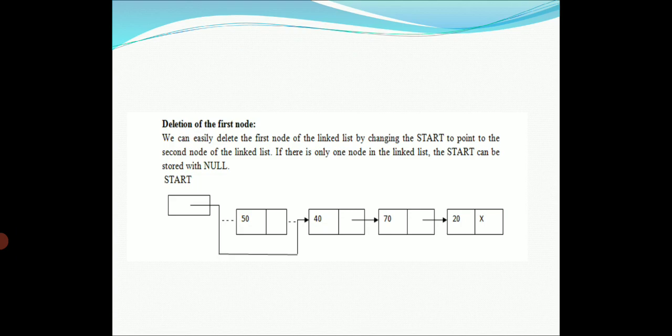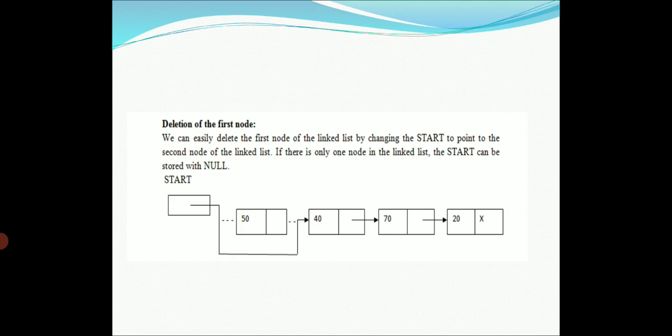Here we can easily delete the first node of the linked list by changing start to point to the second node of the linked list. If there is only one node in the linked list, start is set to null after the deletion has occurred. This is the diagrammatic representation of the deletion of the first node.